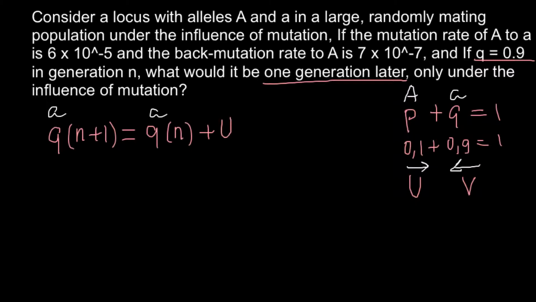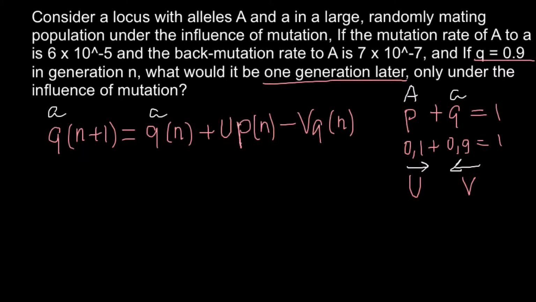Here it would be u multiplied by p in the current generation, minus v times q in the current generation. So this is going to be our formula.